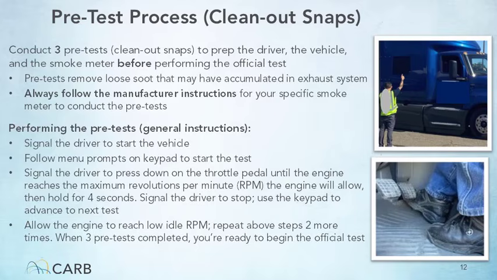Signal the driver to press down on the throttle pedal until the engine reaches the maximum RPM the engine will allow, and hold for 4 seconds. 4. Signal the driver to release the accelerator and stop. Then use the keypad on the smoke meter to advance to the next test. 5. Allow the engine to reach a low idle RPM, then repeat the above steps 2 more times. 6. When the 3 pre-tests are completed, you are now ready to begin the official test.